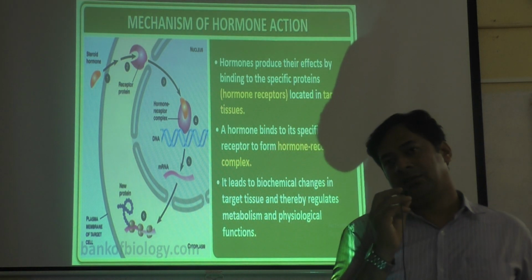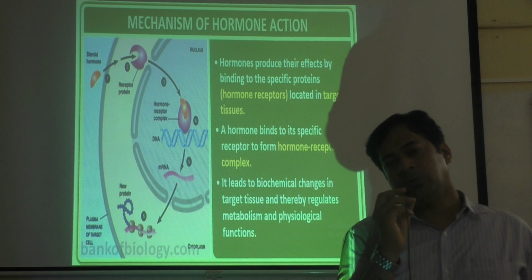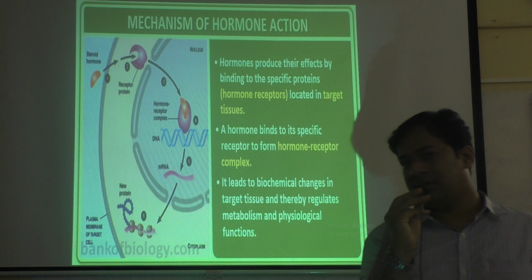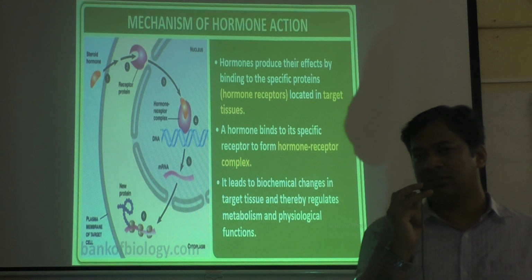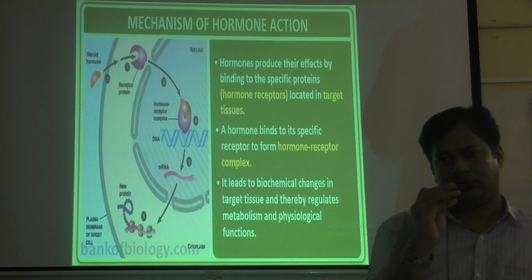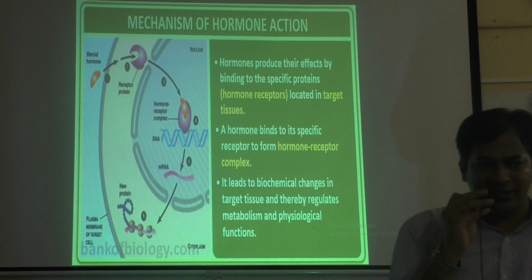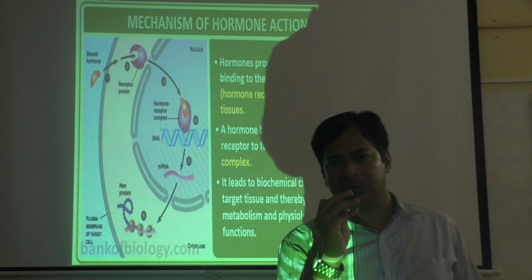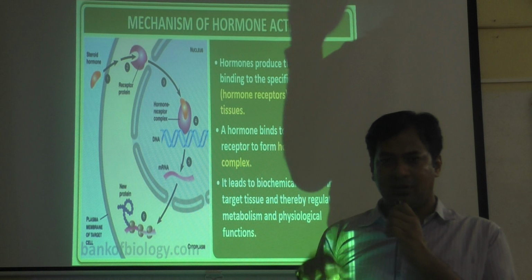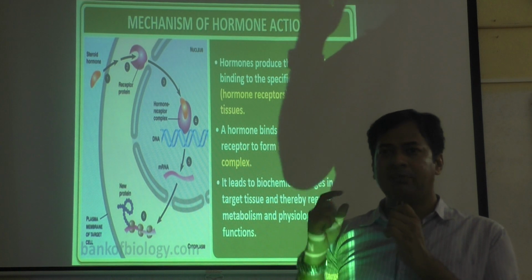Did you think about how a hormone can bring about this work? We have learnt that one hormone does many functions. How can they do these functions? How do they show their action? Like if we say a bullet kills a person, like a bullet fired from a gun or a rifle, how will it kill?